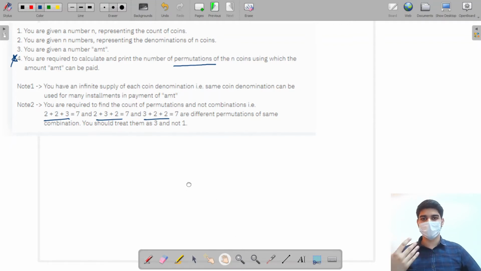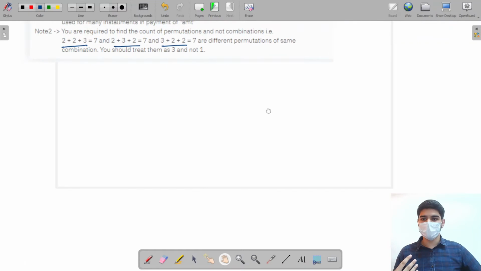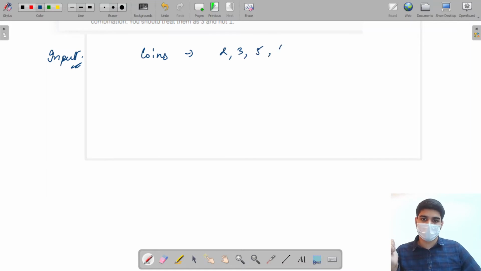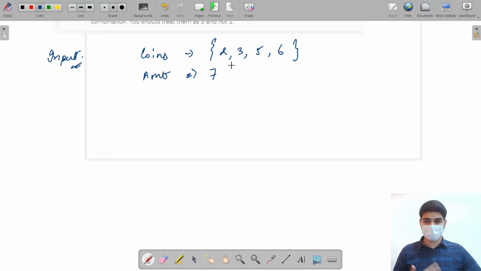So what does this mean? To understand this a bit better, let's take a sample input test case. Let's suppose for input, what I have is coins 2, 3, 5, and 6. Let's suppose I have these 4 denominations available with me. And for amount, AMT, let's suppose I have been given 7. To make 7, let's see what we can do.